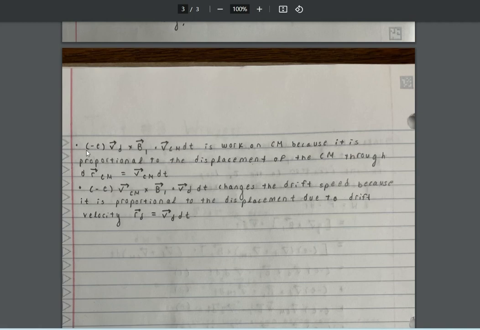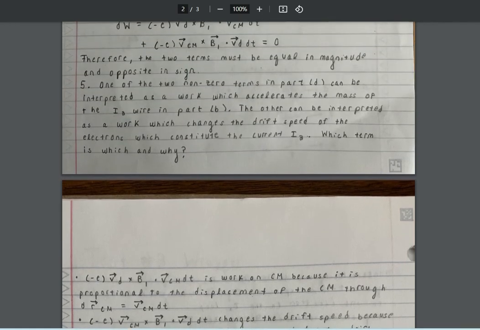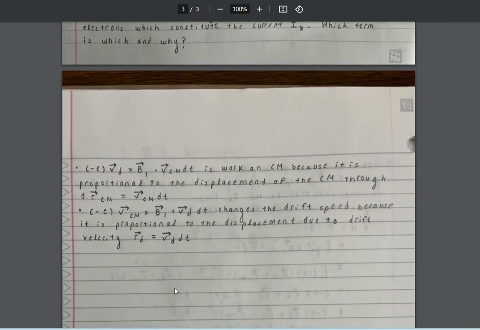So we know that the first term here, which is the drift velocity and the center of mass used for the velocity.